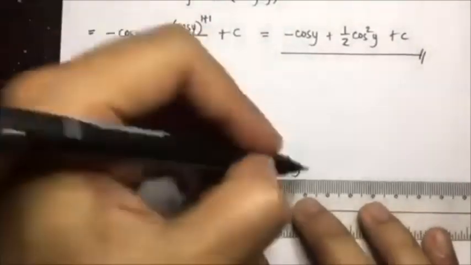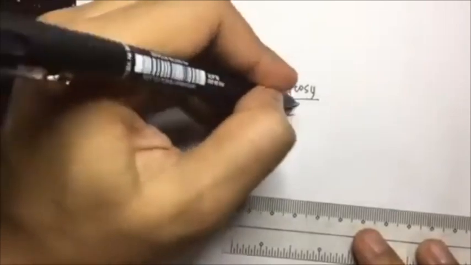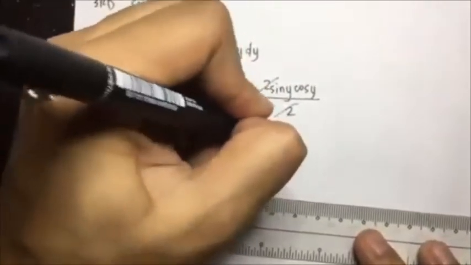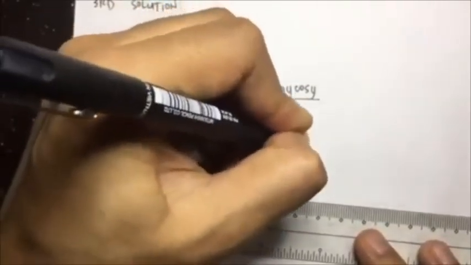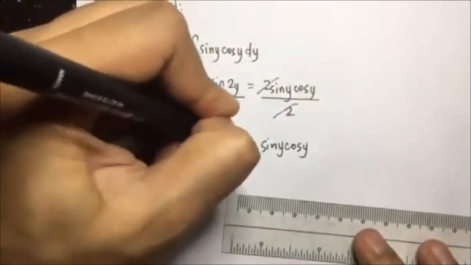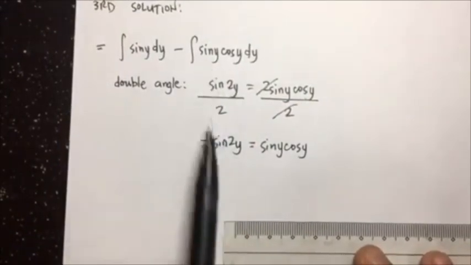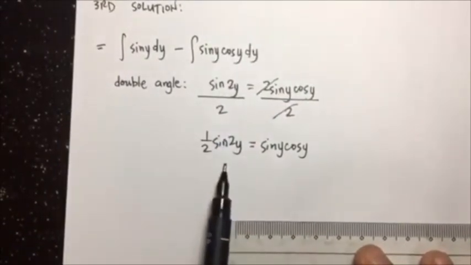Okay, so dividing both sides by 2, therefore sine y cosine y is equal to 1/2 sine of 2y.